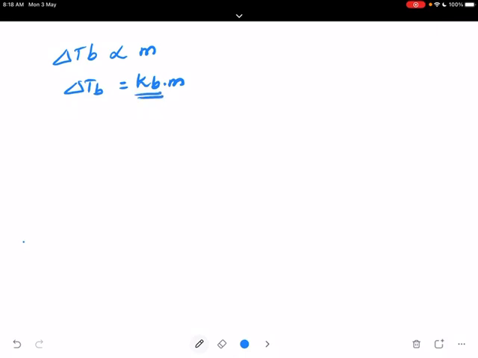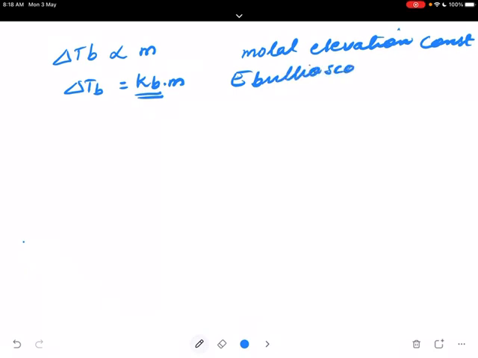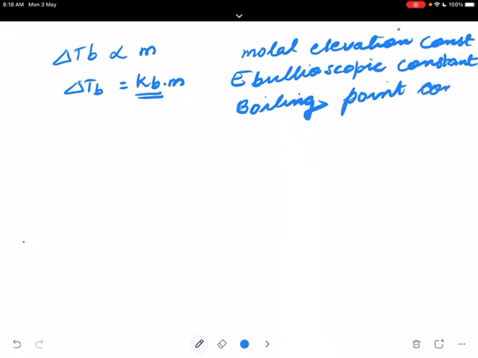Kb is the molal elevation constant, or an ebullioscopic constant, or boiling point constant.